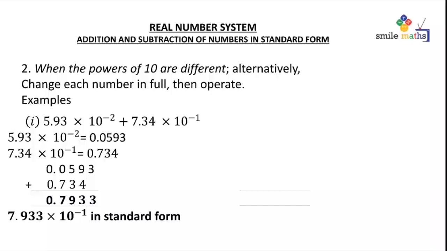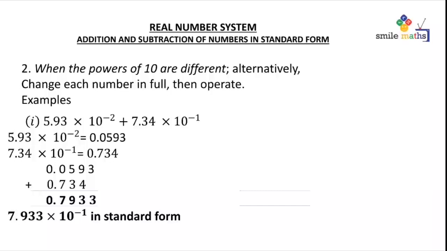So that's going to give us 0.0593. Likewise, for 7.34 times 10 to the power negative 1, we are going to move the point backwards, which is from right to left. It's negative 1, so once. So when we move it once, our answer becomes 0.734.